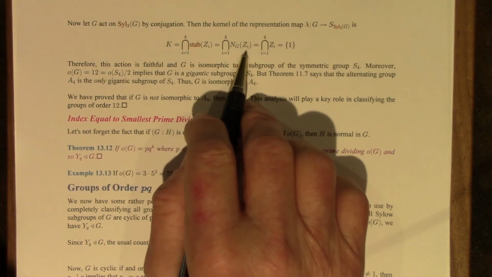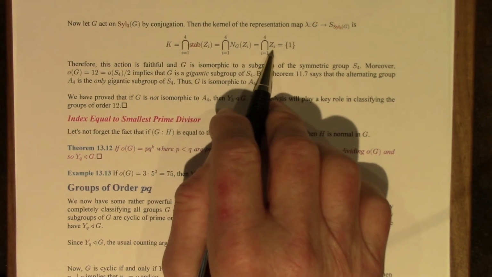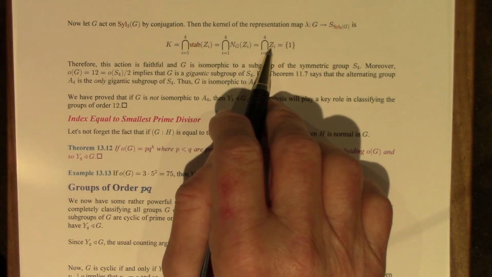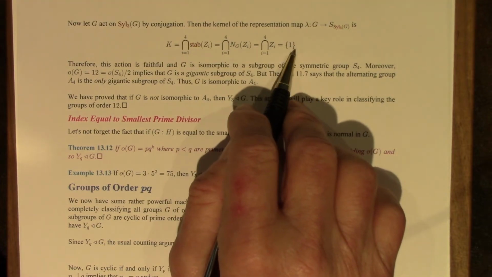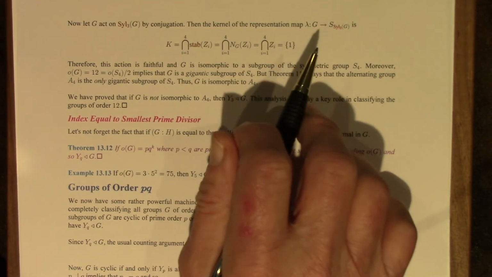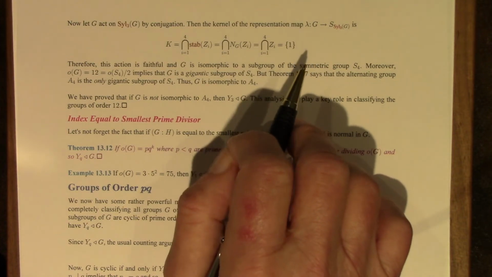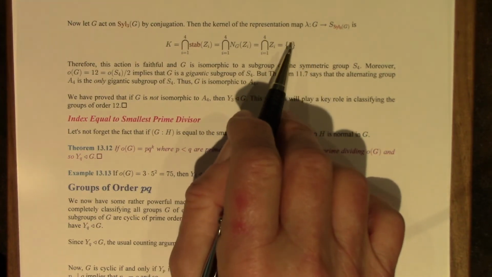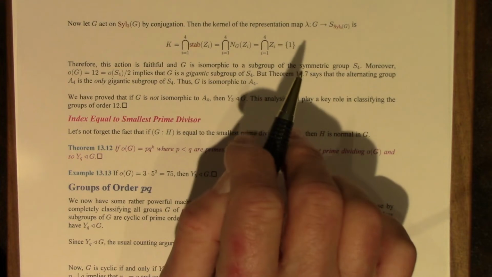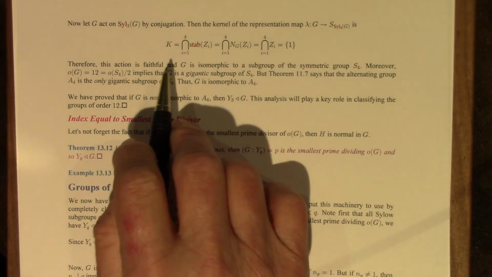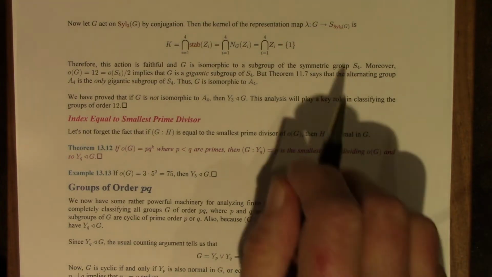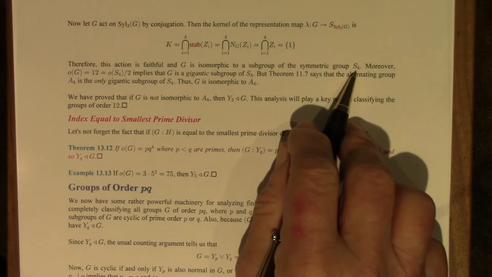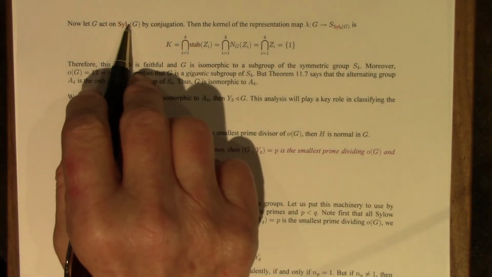But the normalizers of each of these is just the Sylow subgroup itself, because they're self-normalizing, and that intersection is trivial. So the action is faithful. Its kernel is trivial, which means G is isomorphic to a subgroup of the symmetric group S4, because this has size 4.